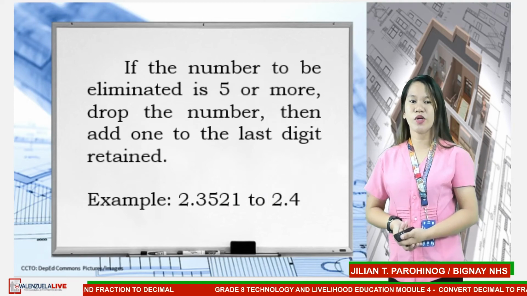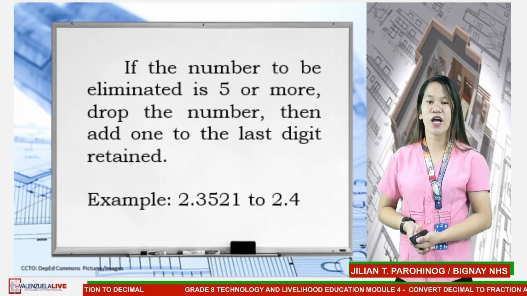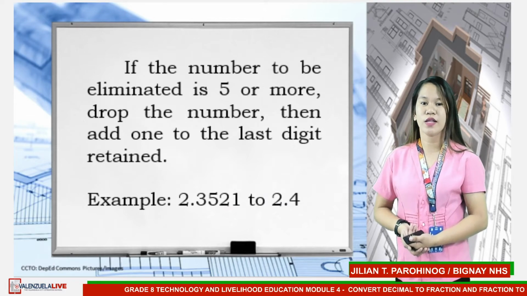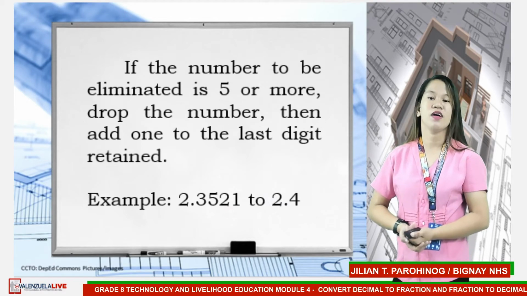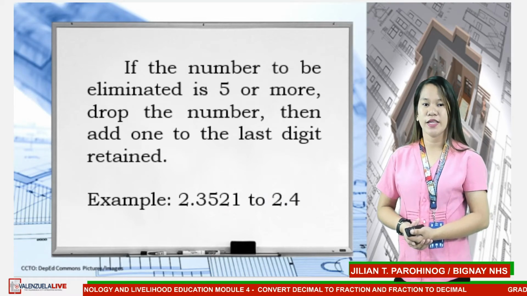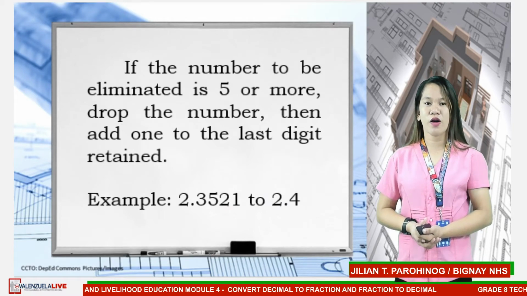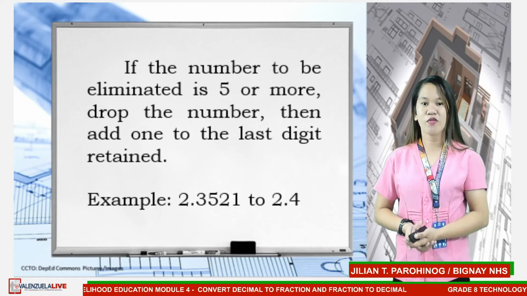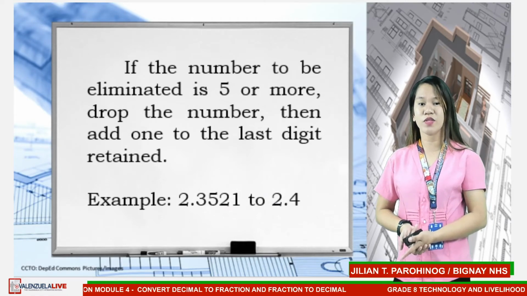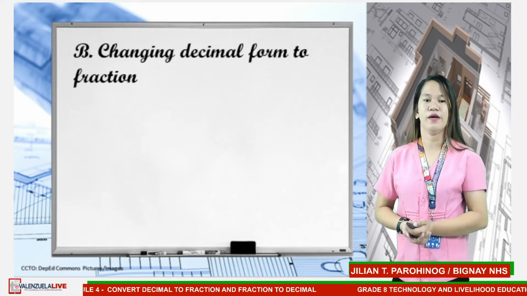If the number to be eliminated is 5 or more, drop the number, then add 1 to the last digit retained. For example, we have 2.3521. So we have to round it up to the nearest tenth. That's why it becomes 2.4.